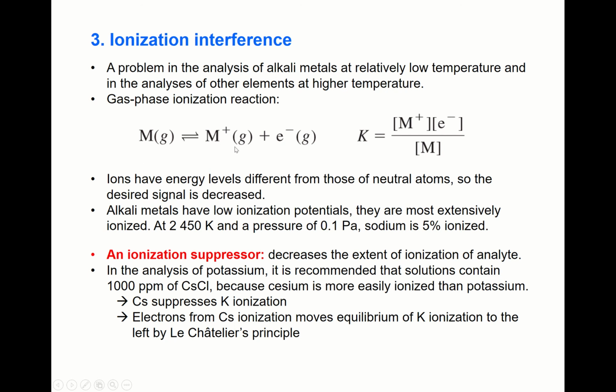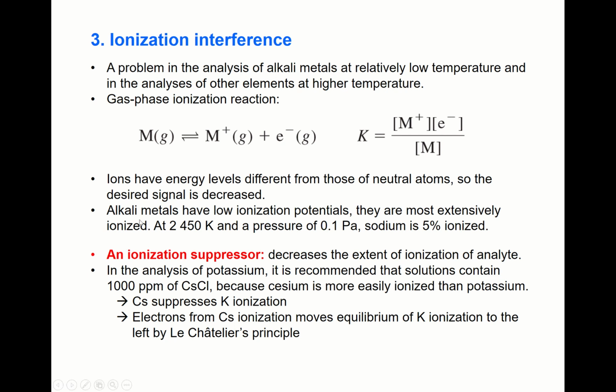That's very important. Alkaline metals have low ionization potentials. This is quite well known. That means that with low frequency electromagnetic radiation, atomic alkaline metals are easily ionized. They are most extensively ionized.